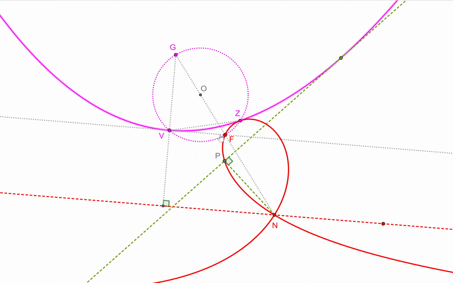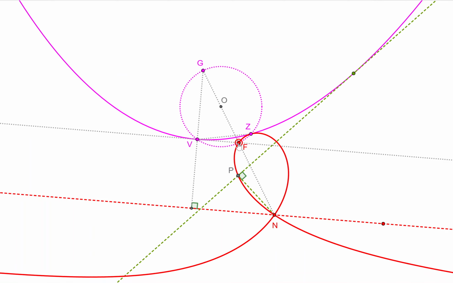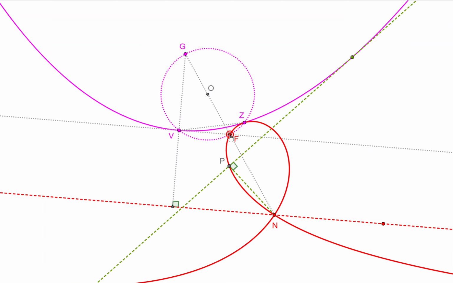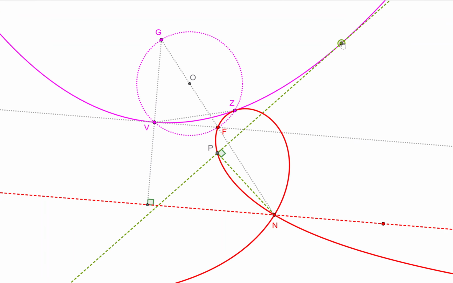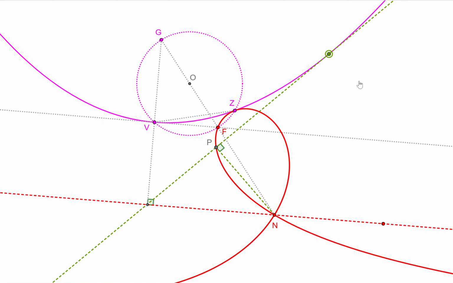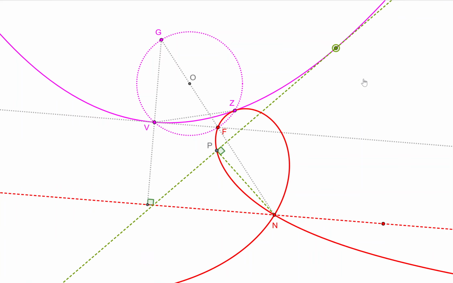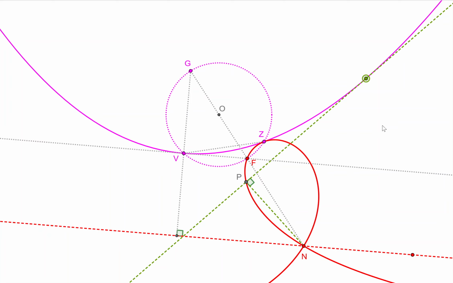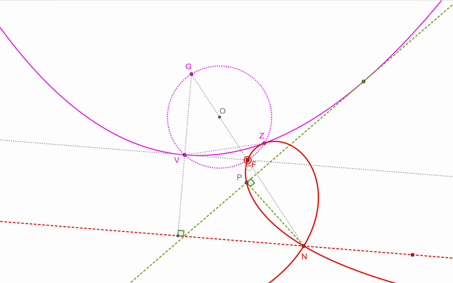There's always a single point of contact, which is an interesting remark in itself. At this point of contact, you can see here that the tangent to the parabola is exactly perpendicular to NZ. So that's a special point there, like a critical point of this map, as is V. The vertex of a parabola is also a critical point.